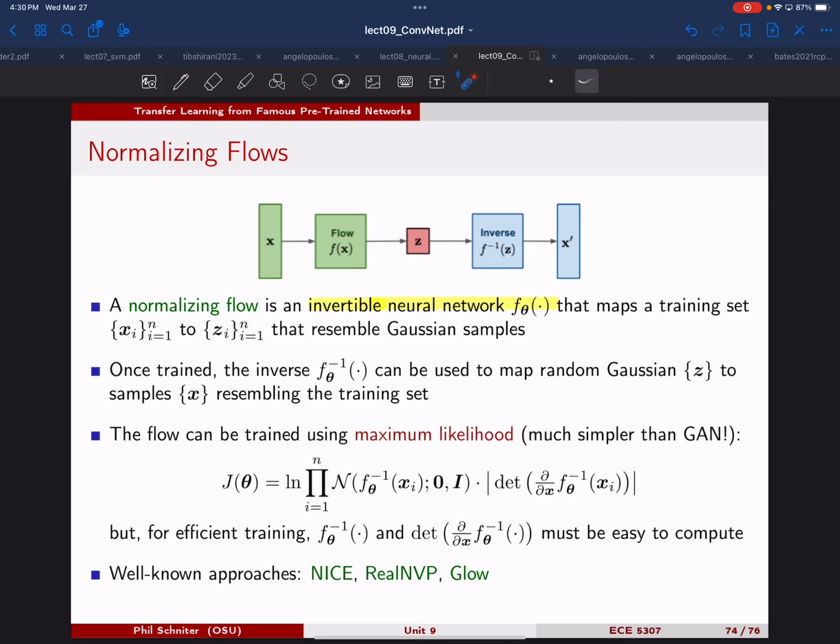And it all boils down to this one equation, which has two parts. So here's the log of the product over the data samples in our training set of this term.